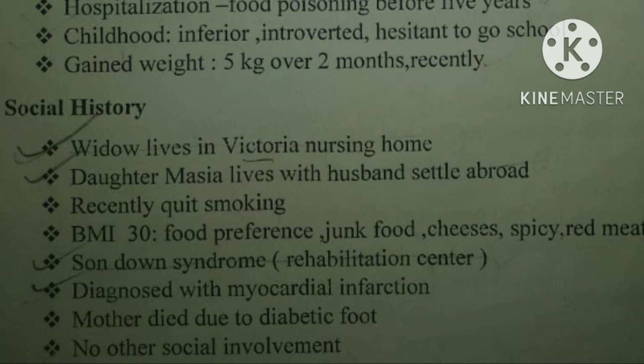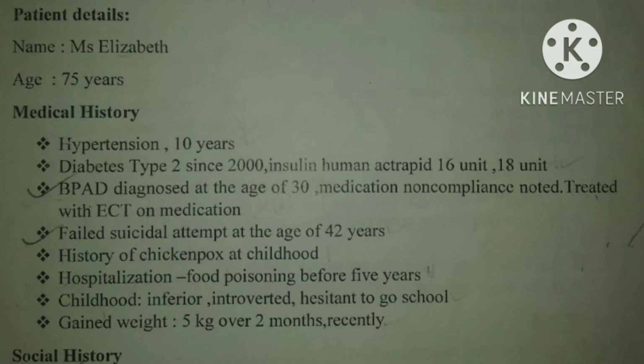So let's move on to the medical history. Miss Elizabeth had bipolar affective disorder at the age of 30 and was treated with electroconvulsive therapy along with medications. But we have to inform him she was not compliant. So how can we write?